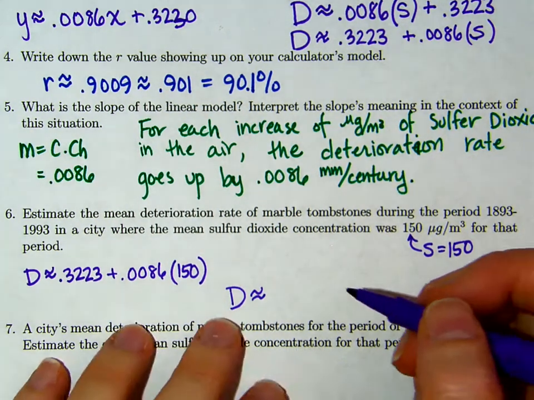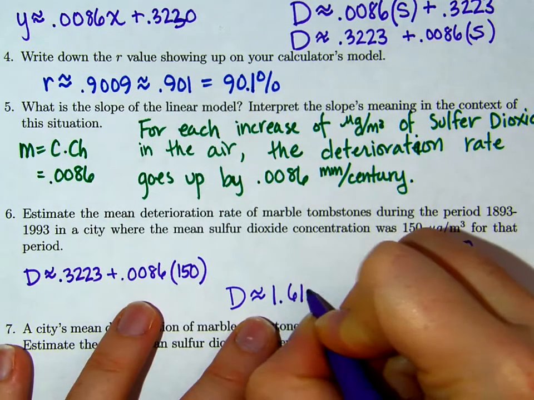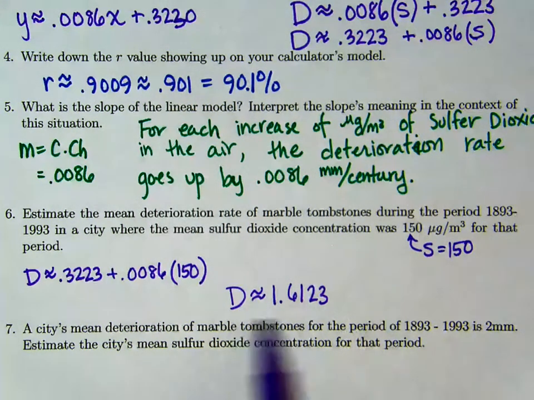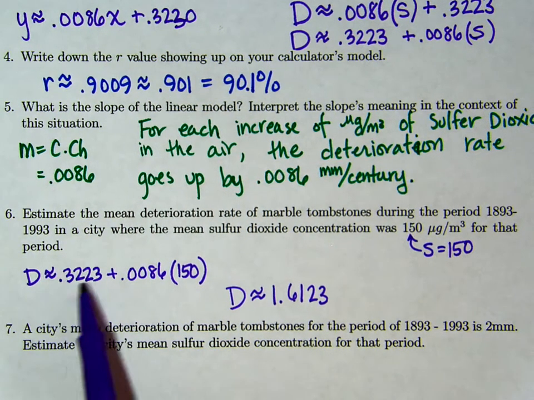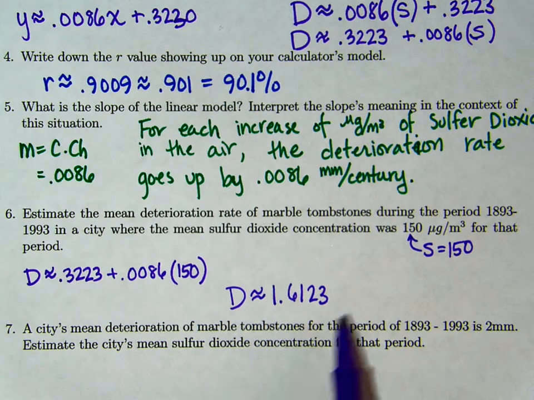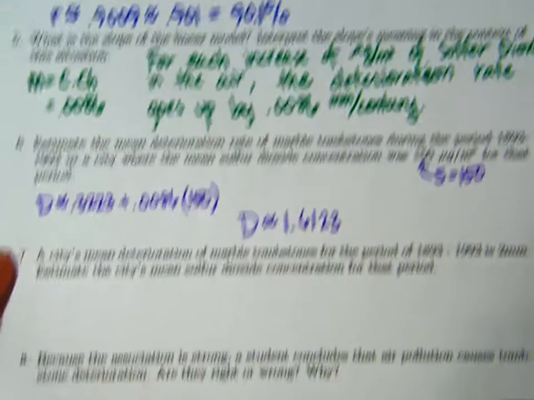Okay. 1.6123 about. Okay, so the deterioration rate is, oh man, more than 1.5 millimeters per century. Wow, got it. That's a really big difference between a third of a millimeter per century to over 1.5 millimeters of marble gone. Got it.